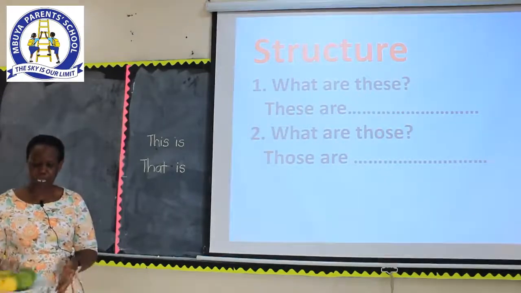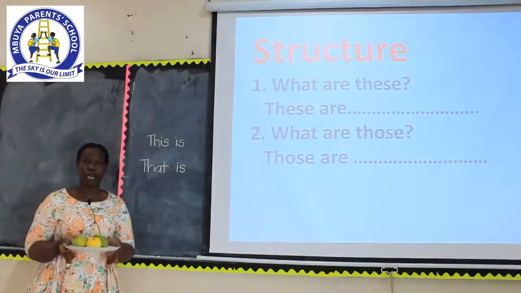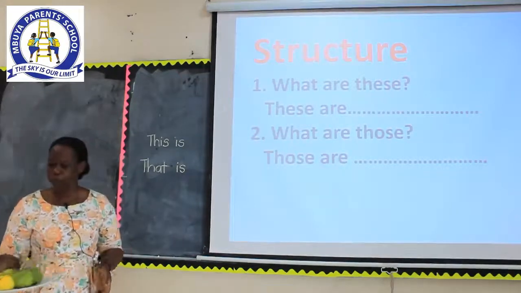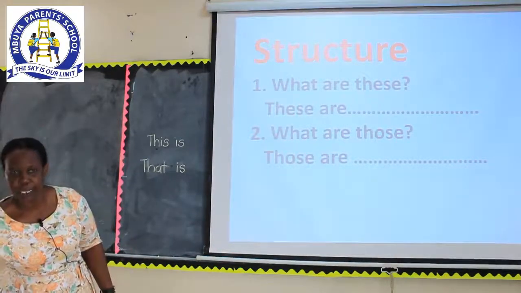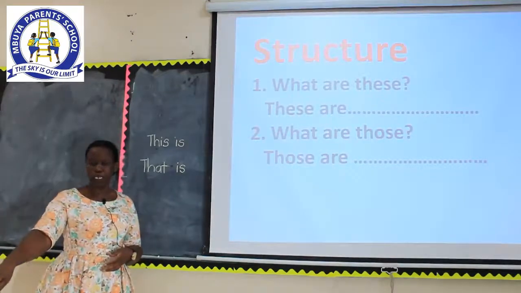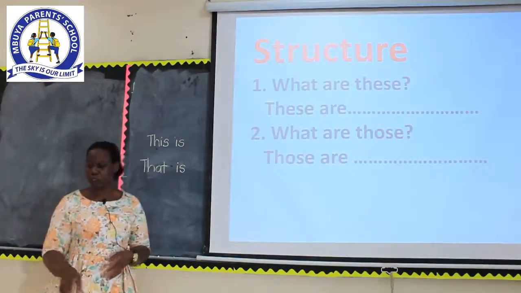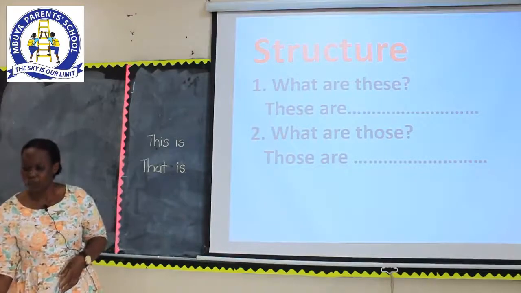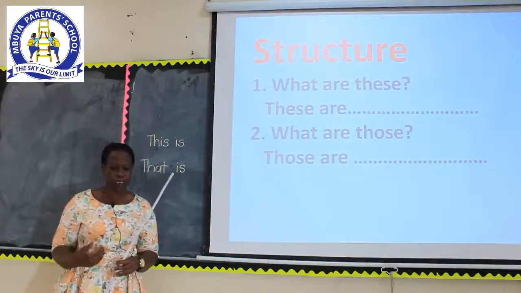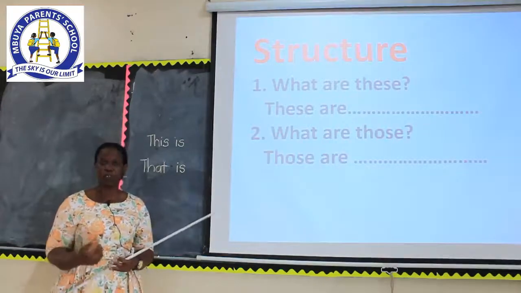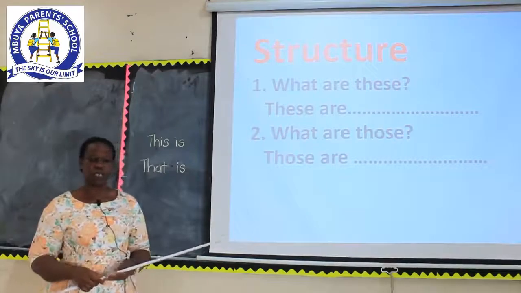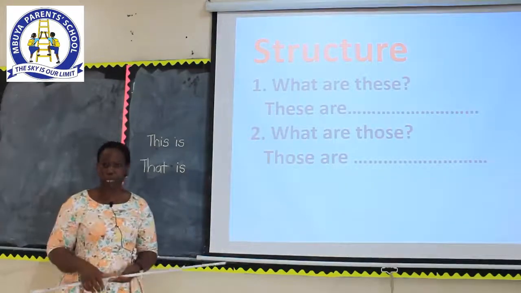For example, I can say, these are oranges, because I have them with me. But when I put them aside, when I don't have them with me, I'll say, those are oranges. So that is how we are going to use this structure. When we have the objects or the items near us, we shall say, these are. And when they are far away, we shall say, those are.